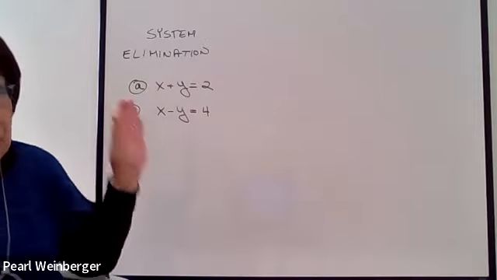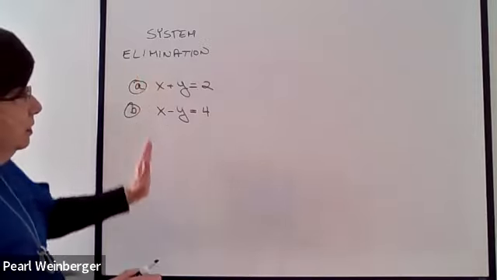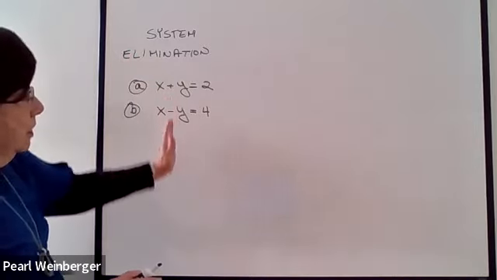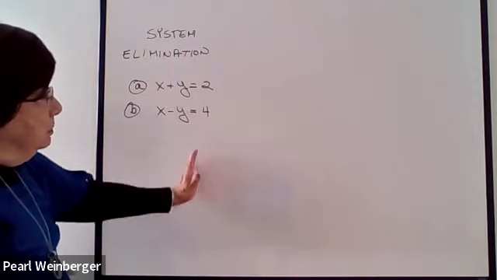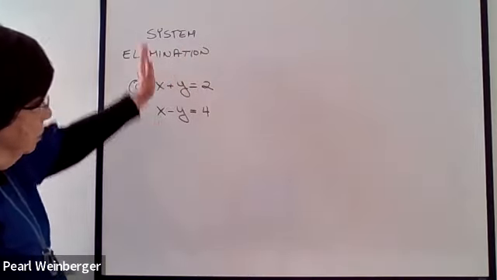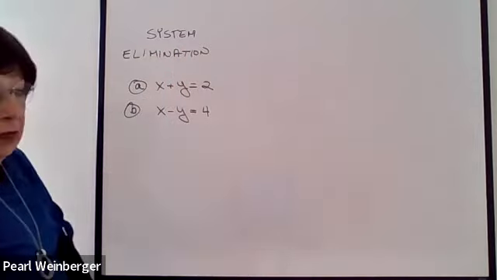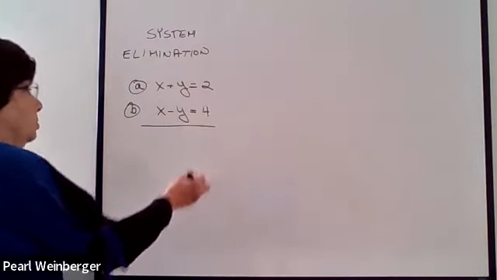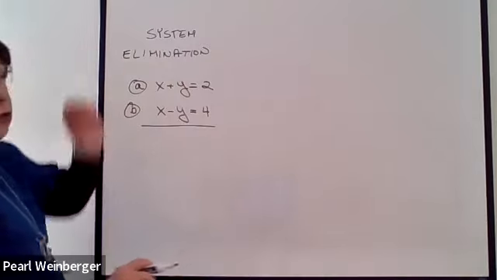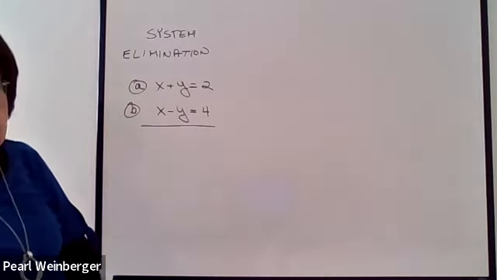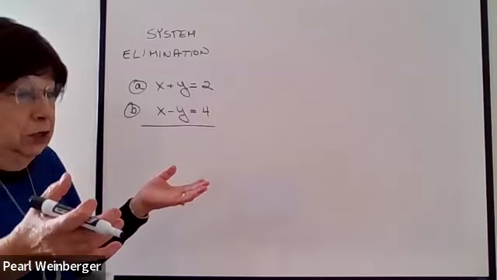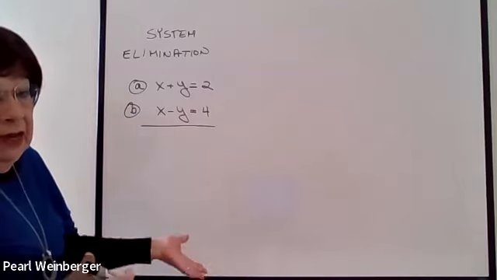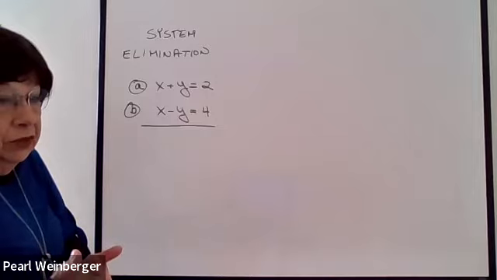We could have done that, but we're not. We're leaving it in the standard format of first the x's, then the y's, then the equal signs, then the numbers. Notice how everything lines up. And what we're going to do with these two equations is we're going to add the two equations to each other. And that makes sense that we could do it because we're starting out with things that are equal. So if we add equal things, we're going to get equal things.